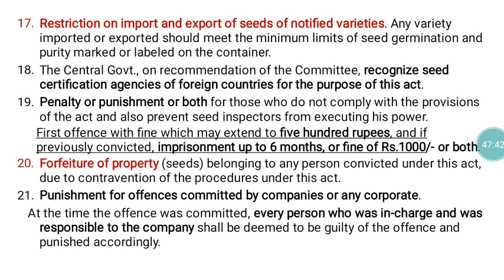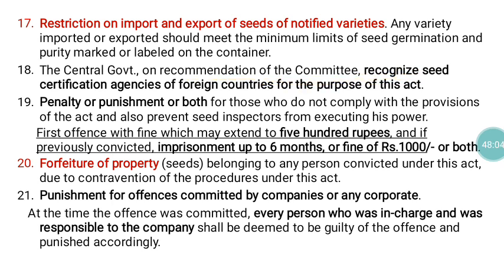Section number 18 mainly deals with the affiliation of certification agencies working in foreign countries on behalf of India. Suppose some person produces seed in other countries, and after production that material is transferred to India.